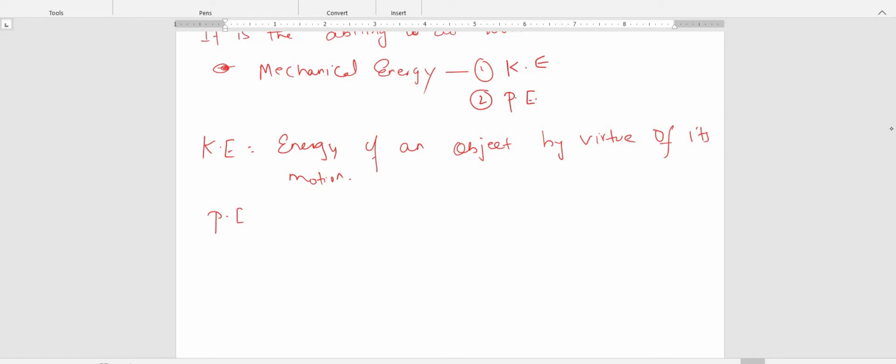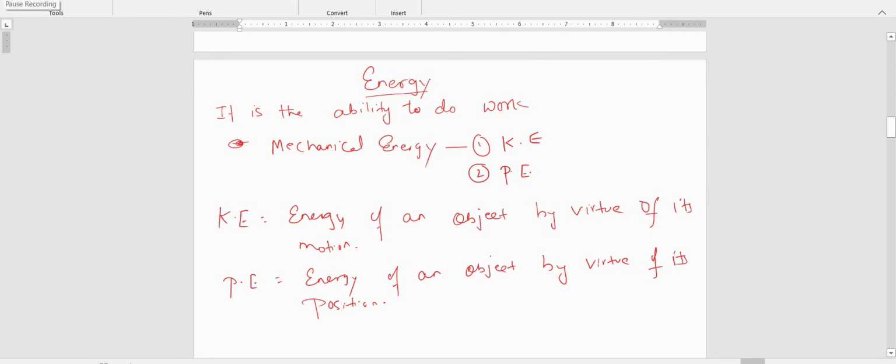And potential energy, energy of an object by virtue of its position. Okay. Right. Next.